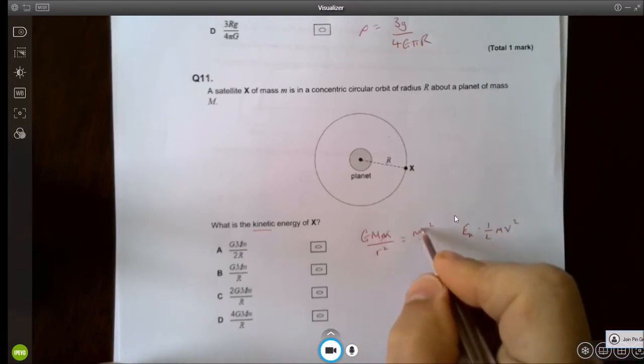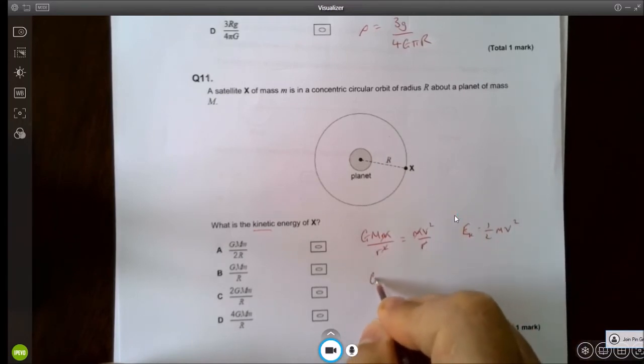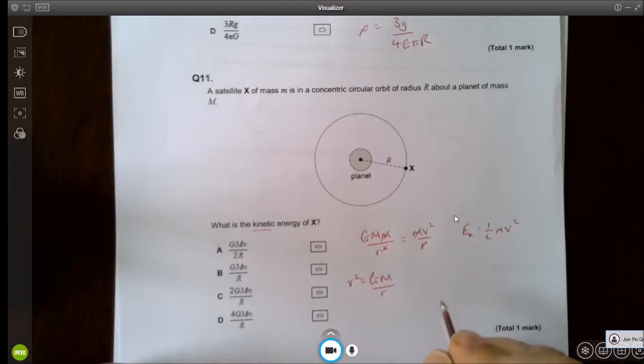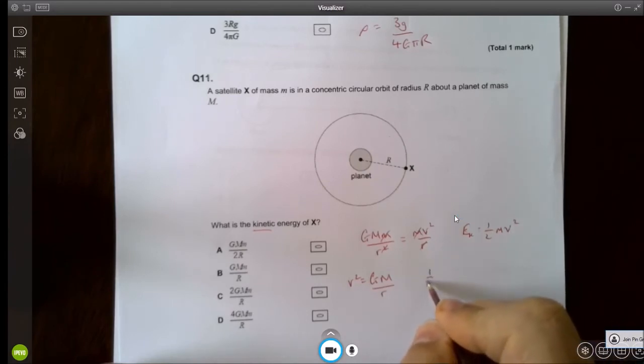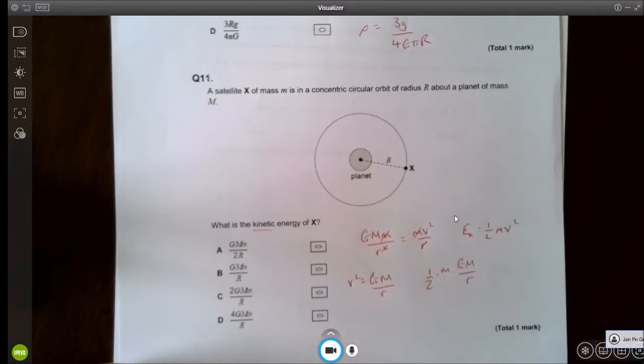So you'll notice the m's cancel out here and one of the r's cancels out, and we get that v squared is GM over r, but we want a half mv squared, so we've got a half times m times GM over r.